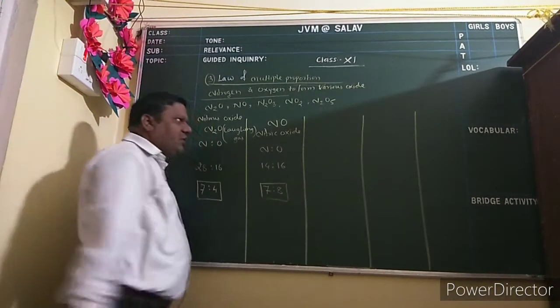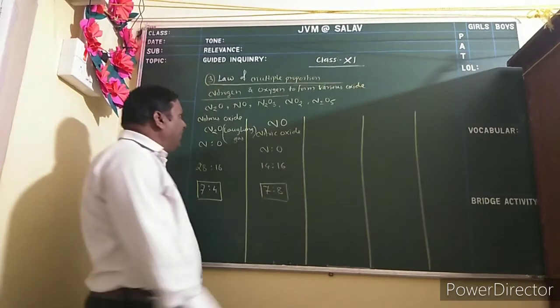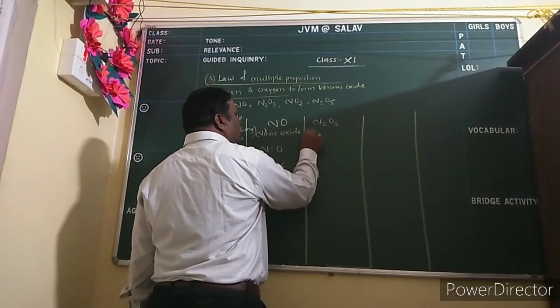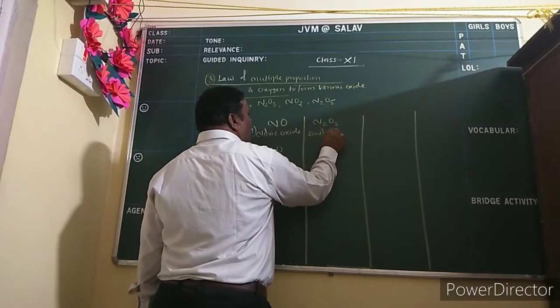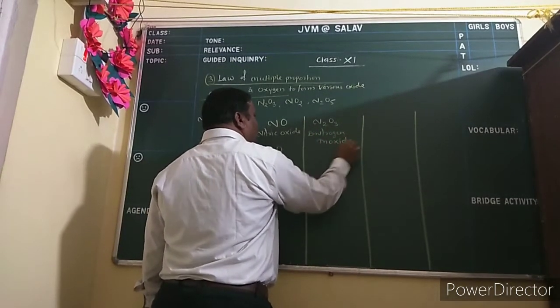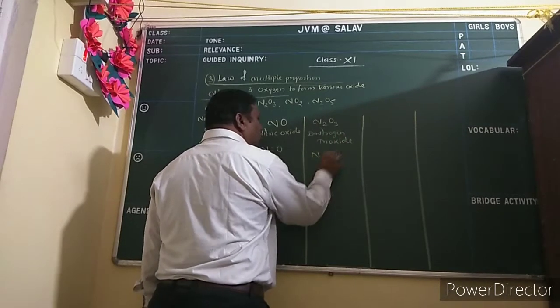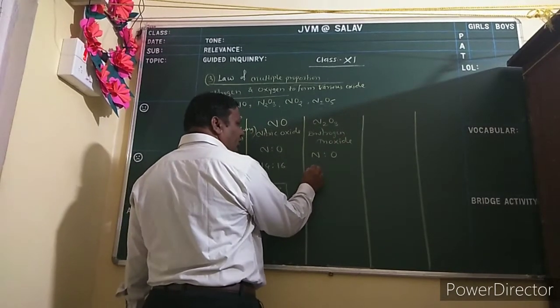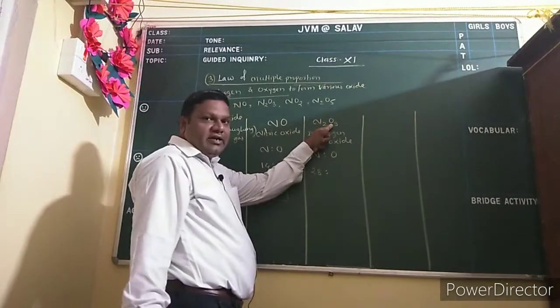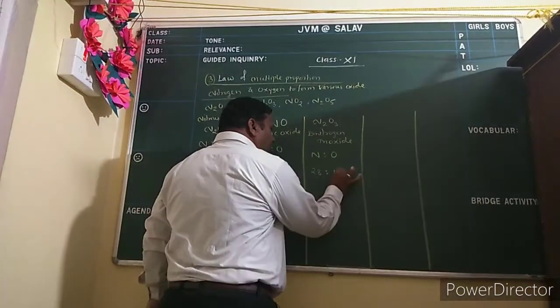Understood? 7 to 8. Then N2O3, dinitrogen trioxide. Nitrogen to oxygen: here 28 to, how many oxygen are there? 3, that is 48.